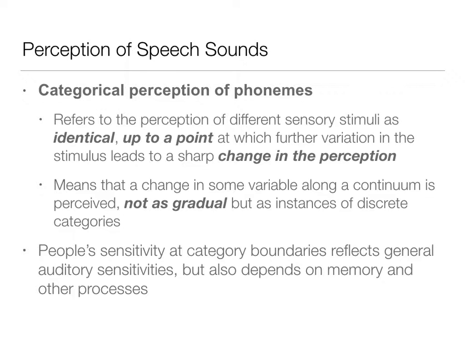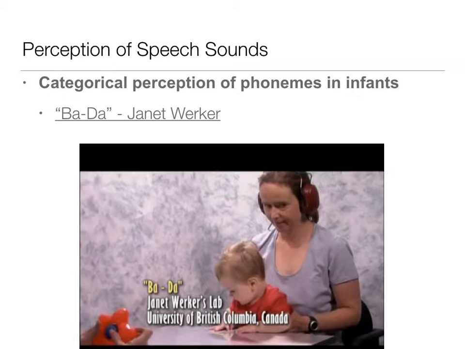We'll see that vision will play a role in this as well. And infants are able to do this. Remember I said already that at birth, infants are able to discriminate the phonemes in every language. Here is a video I'm going to show you in just a second that shows how they can do this both within a language they're familiar with and a language that they're not.